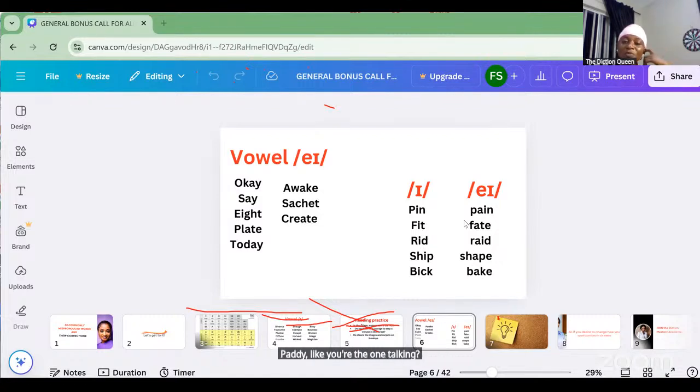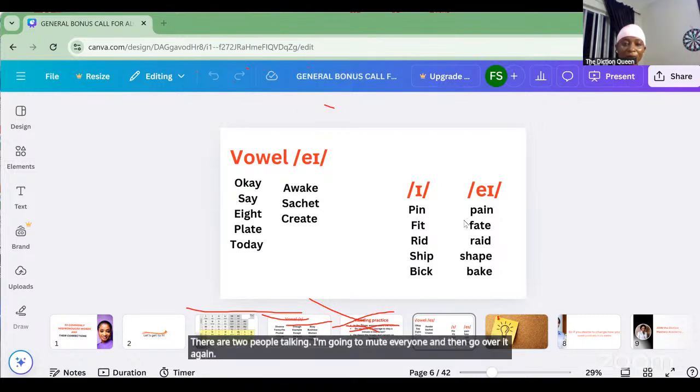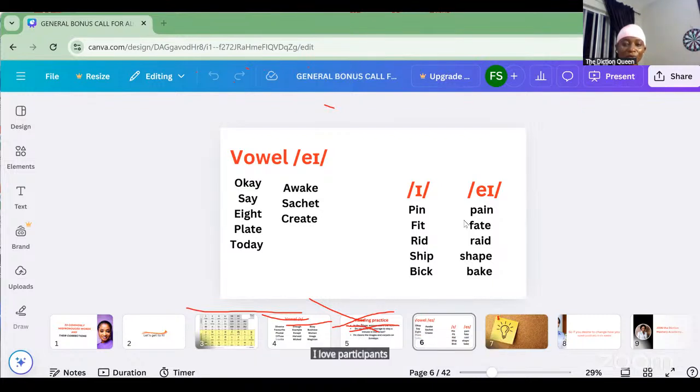Good evening. Please pronounce the words. Pain. I can't hear you. Your voice is really low. You need to speak out. It's clashing. There are two people talking. I'm going to mute everyone and then go over it again.